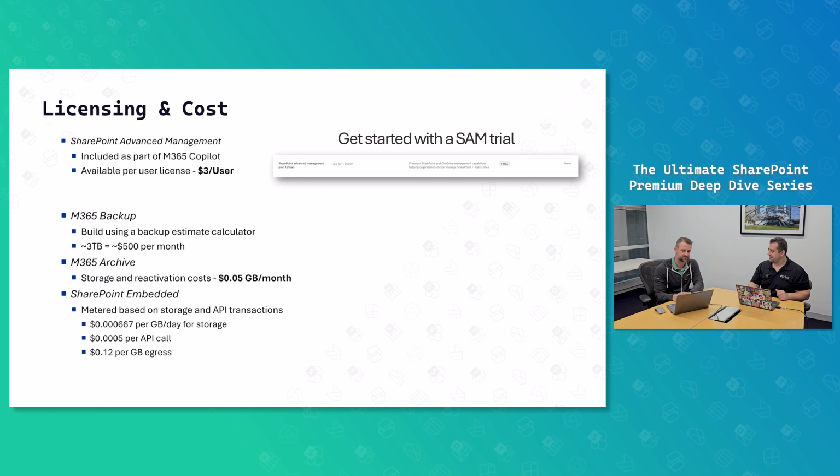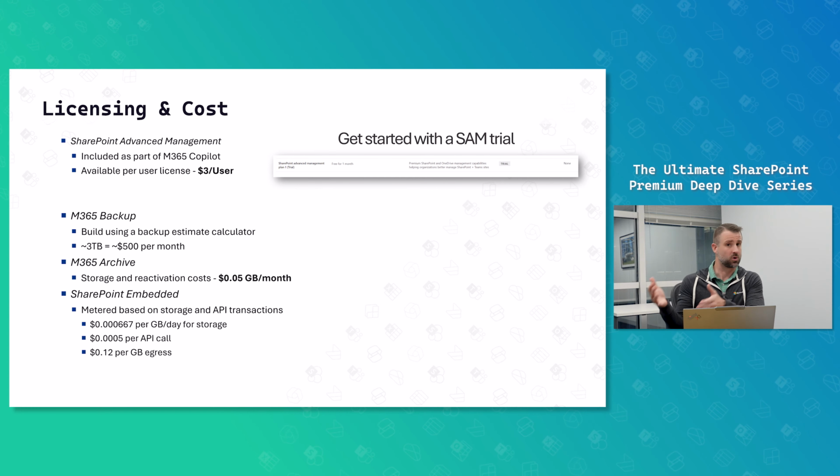Then Archive. Now, Archive is a bit more complicated because it depends on your situation. But I'll let you take this one. Yeah, so the nuance with Archive is that costs are implicated for storage and also for reactivation and the archiving action itself. When you archive something and unarchive something, there's a cost as part of that.